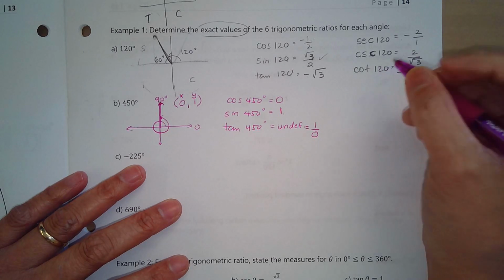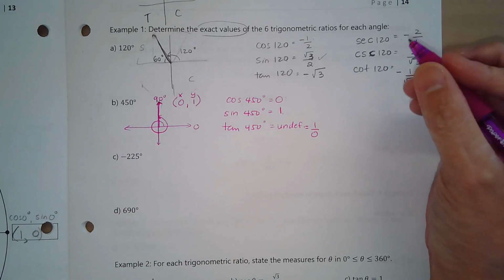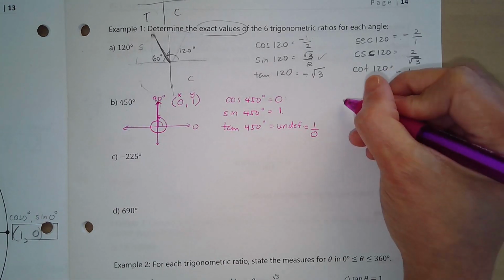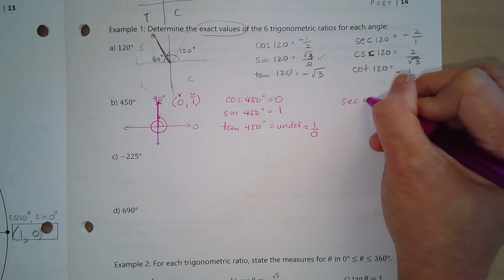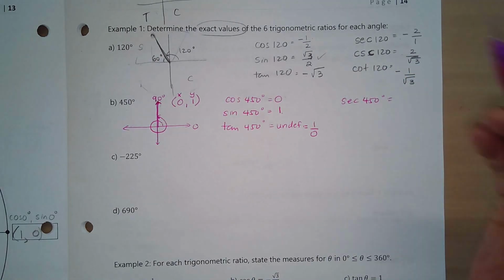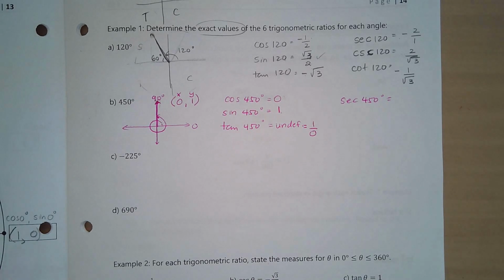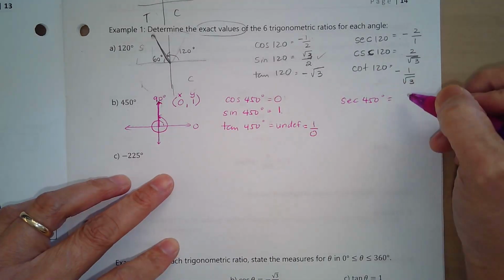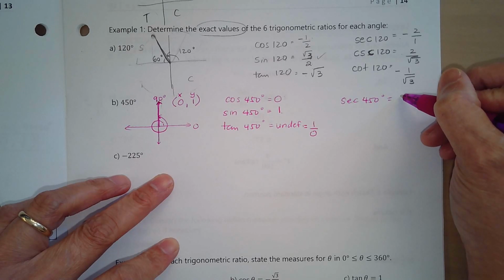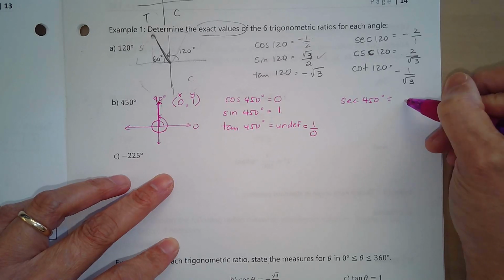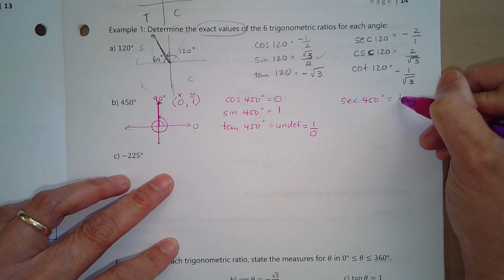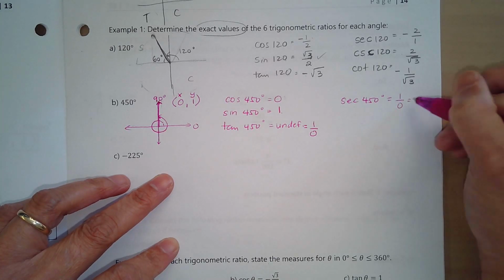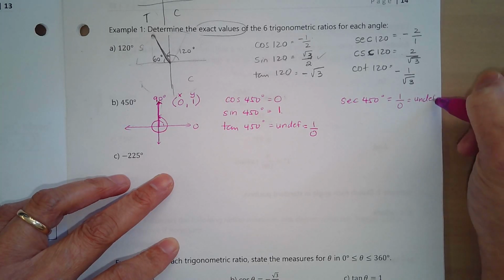Okay, so we have to do the secant, cosecant, and cotangent. Secant of 450 is basically the reciprocal of cos. The reciprocal of 0 is going to be 1 over 0, and that's going to give us undefined.